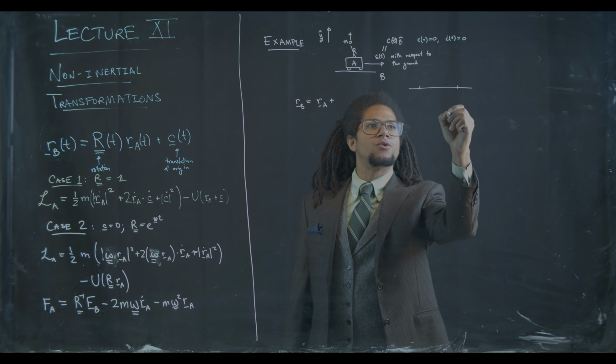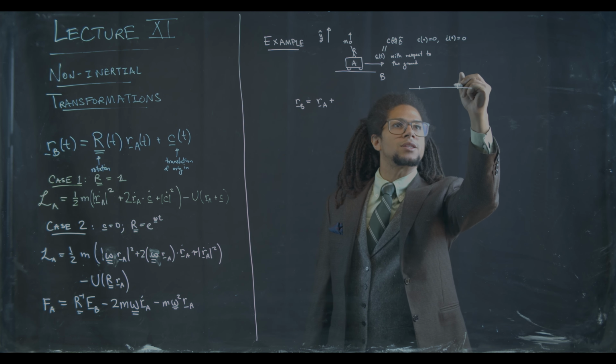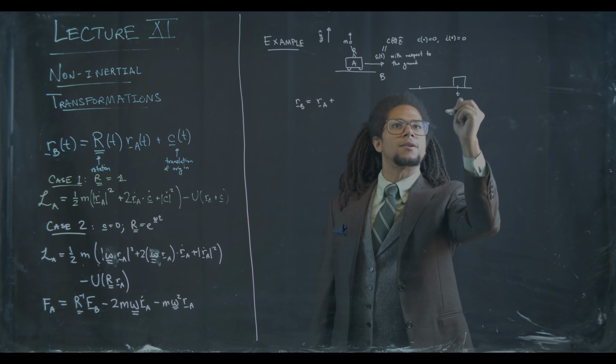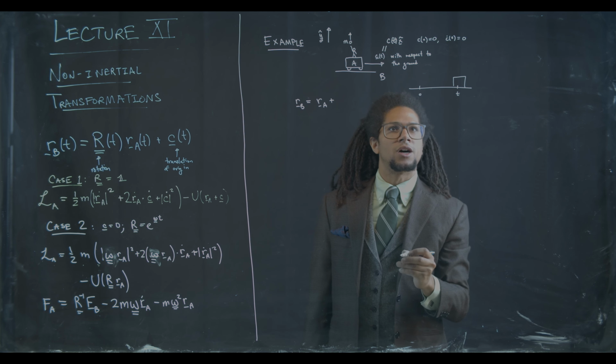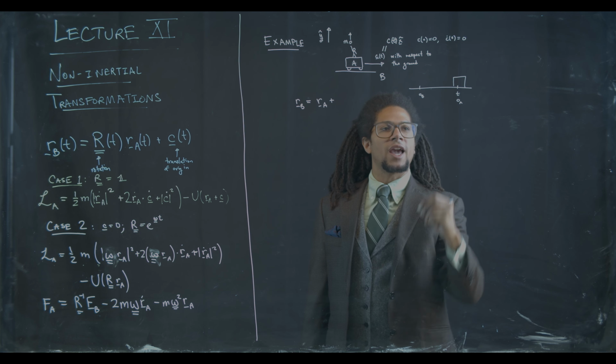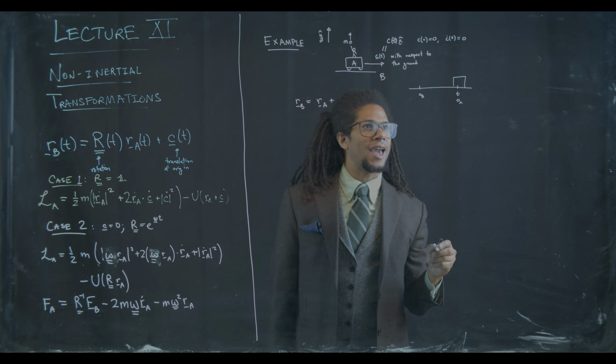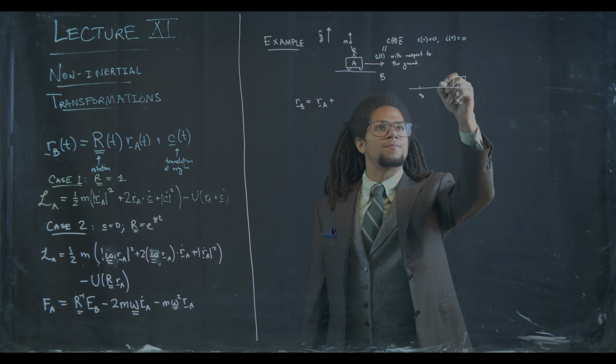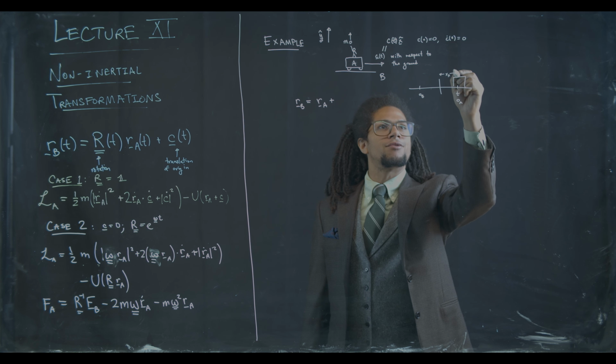If the car has moved to here, so let's say that this is where the car is at time t, and this is the origin of the B reference frame, then this is the origin of the A reference frame at time t. Now here's some point. We'll call this x sub A, and note that it's negative.